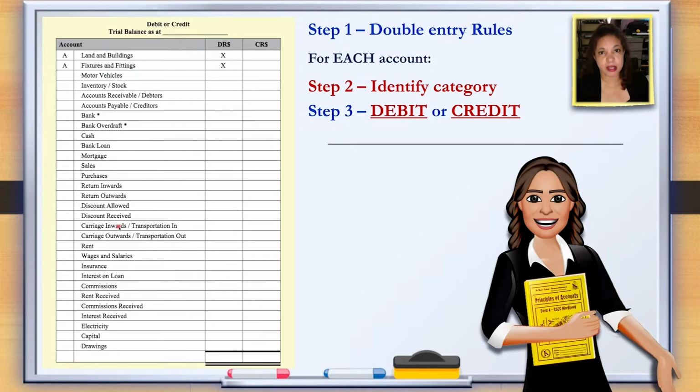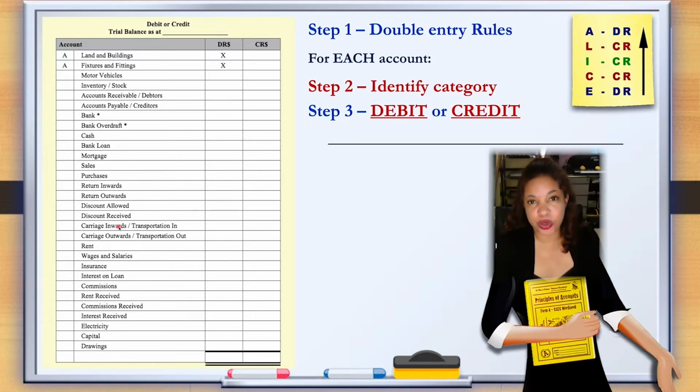We, the business, take on that expense. So both carriage inwards and carriage outwards are expenses. It's just you're paying for a different service. Carriage inwards, you're paying to have the goods or inventory brought into the business, whereas carriage outwards, you're paying for the inventory to be delivered out of the business to the customers.